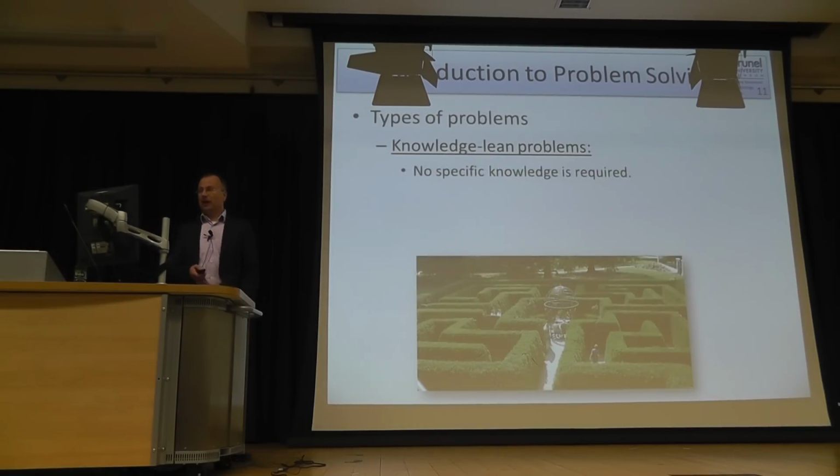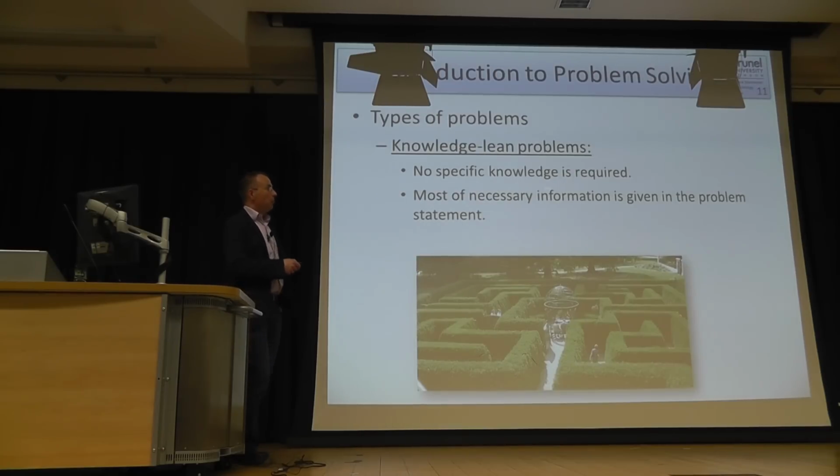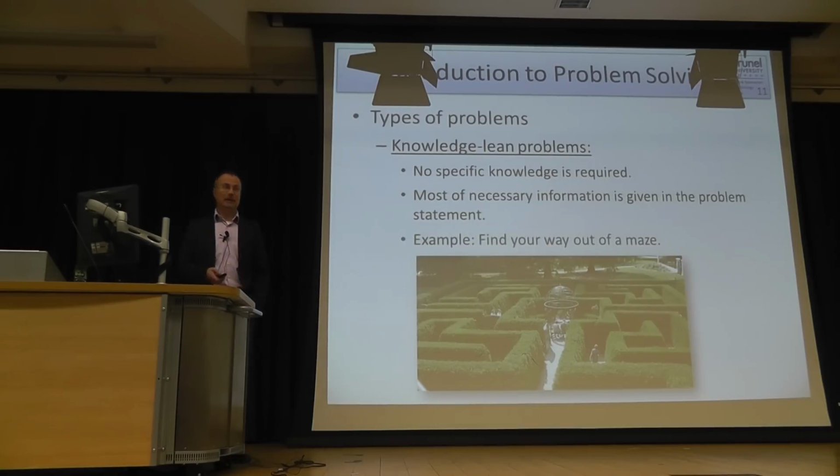Knowledge-lean problems are problems where we don't need specific knowledge, and basically all or most of the information we need is given in the problem statement. Again, we have the example, find your way out of the maze. That is self-explanatory. You don't need to be an expert in maze escaping to do that.